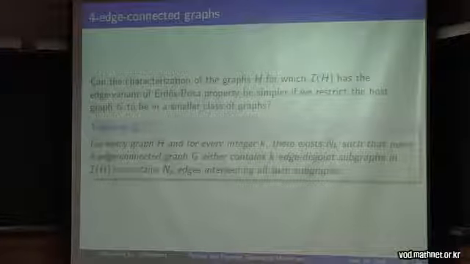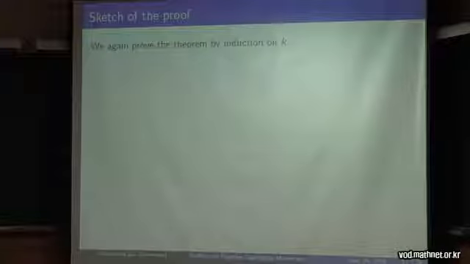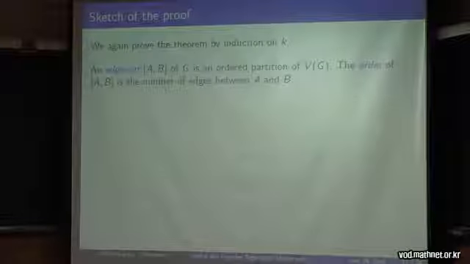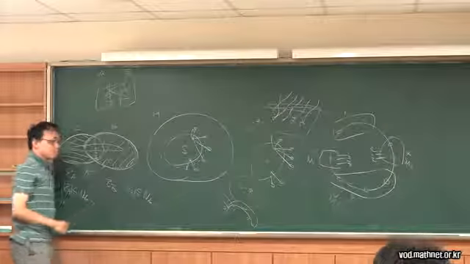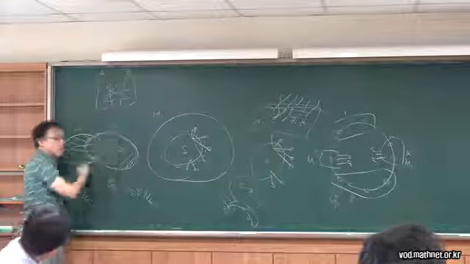Okay, and the idea of the proof is quite similar. We want to do induction on k. And now instead of considering separations of the graph, I consider edge cuts. So now I partition the vertices into two sides, A and B, and there are edges inside each side, and some edges between A and B. So it gives us an edge cut.